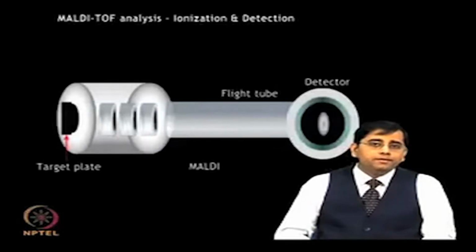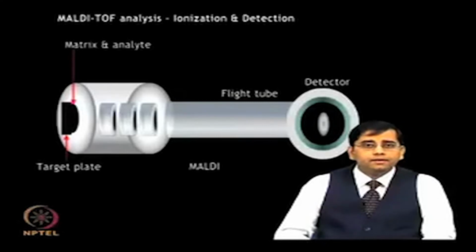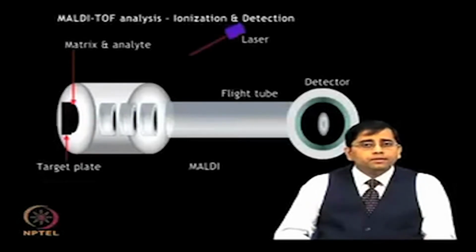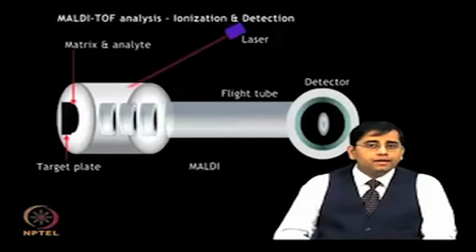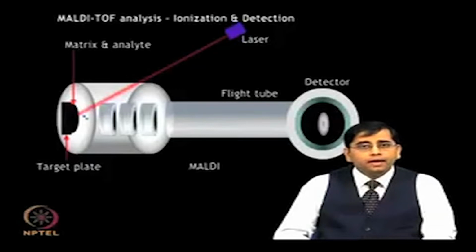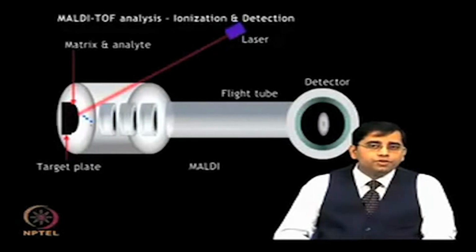The target plate containing the spotted matrix and analyte is placed in a vacuum chamber with high voltage, and short laser pulses are applied. The laser energy gets absorbed by the matrix and is transferred to the analyte molecules, which undergo rapid sublimation resulting in gas phase ions.